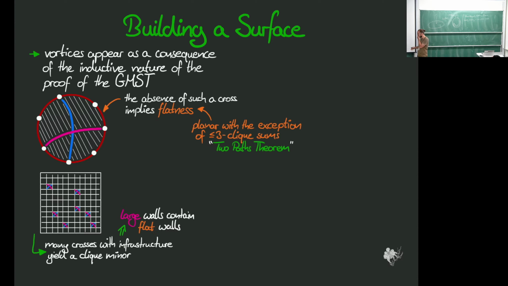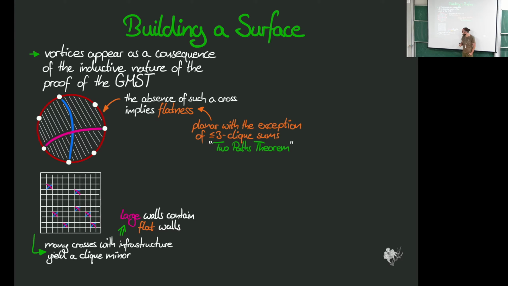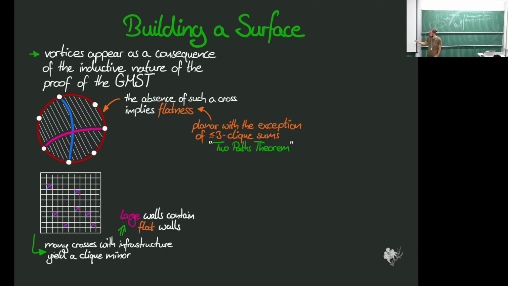So the first observation is, given some big grid where we have a lot of local crosses spread out, then we can use the big infrastructure of our grid to use all of these crosses to build a clique minor. I'm not going to give you a way to do this. It's just possible, let's say.